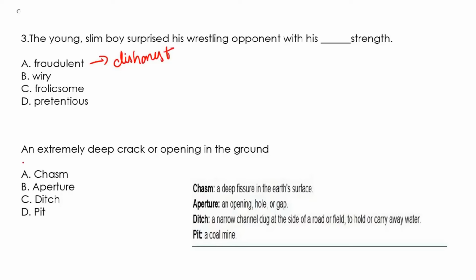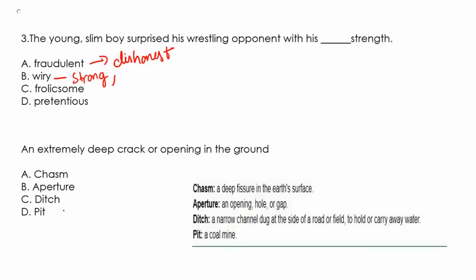Fraudulent means dishonest, so that won't be the correct answer. You cannot impress or surprise someone by showing dishonesty, right? Next one is wiry. So wiry means what? Wiry means strong, दृढ़ निश्चय. Okay, so yes, that can be correct.